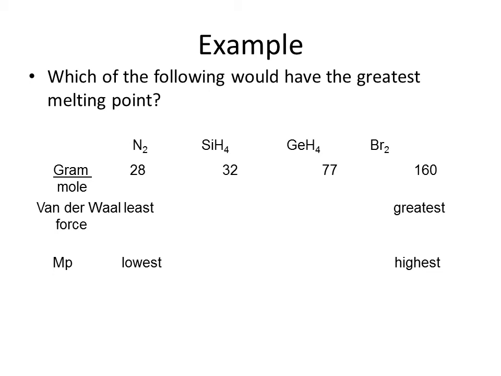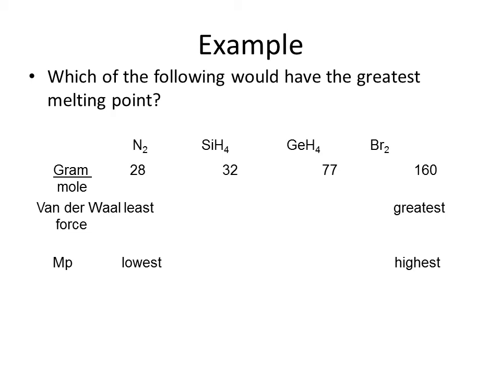We compare dispersion forces based on molar mass, and so we know that the molar mass of bromine is greatest, so the intermolecular attractive forces for bromine is largest. The molar mass for nitrogen is the smallest, and so the intermolecular attractive force for nitrogen is the smallest of all of these. This is reflected in their melting point, in that bromine will have the highest melting point and nitrogen will have the lowest.